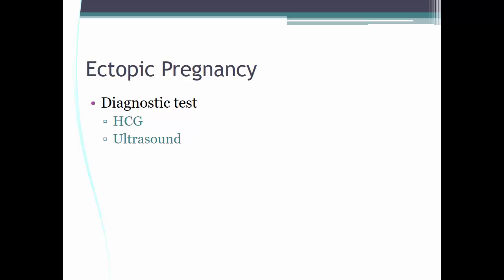So if unruptured tubal pregnancies are less than 3 centimeters in diameter, there's no fetal heart activity detected, and the beta HCG is less than 5,000, then you could use a single dose of methotrexate. Remember, this is chemotherapy.